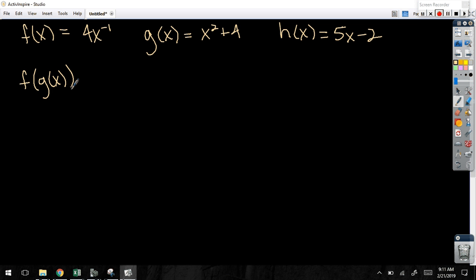Okay, so g of x here is x squared plus 4, right? So really what I'm finding is f of x squared plus 4. So f is 4 times x squared plus 4 to the negative 1.